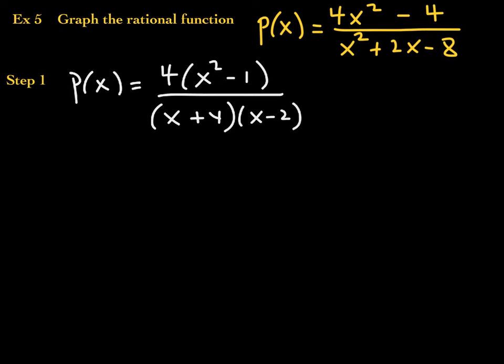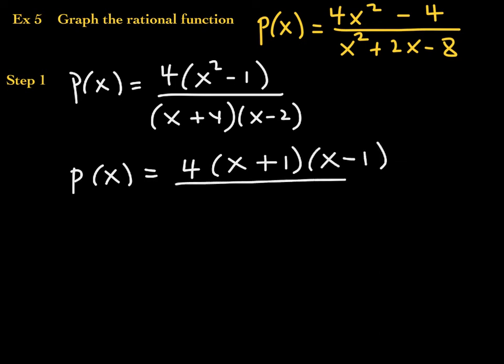We should continue factoring here. The numerator can be factored as a difference of 2 squares. So there, that's fully factored. And the denominator is x plus 4 times x minus 2. You can see there are no common factors to divide out. Therefore, there are no holes in the graph.